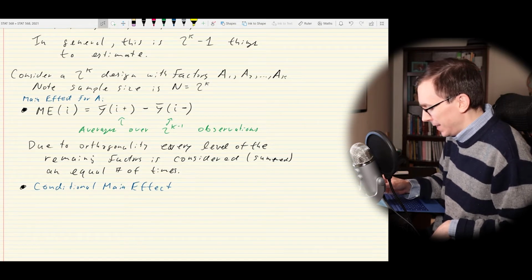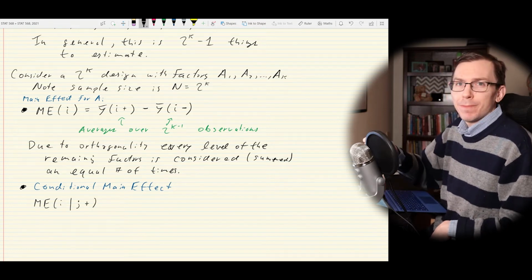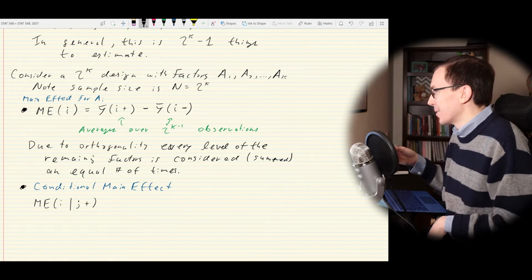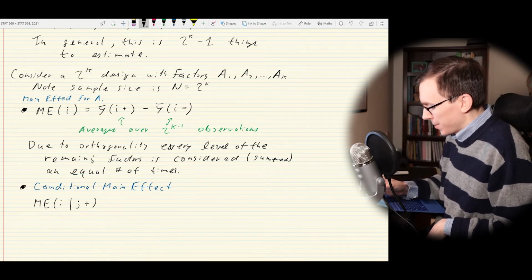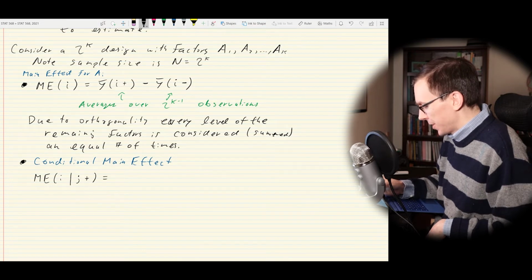We're going to be computing the main effect for I once again, but we're going to condition on, let's say, factor j having the value of plus. It could have the value of minus, it could have whatever you want. In this case, we're just going to condition on j having the value of plus.